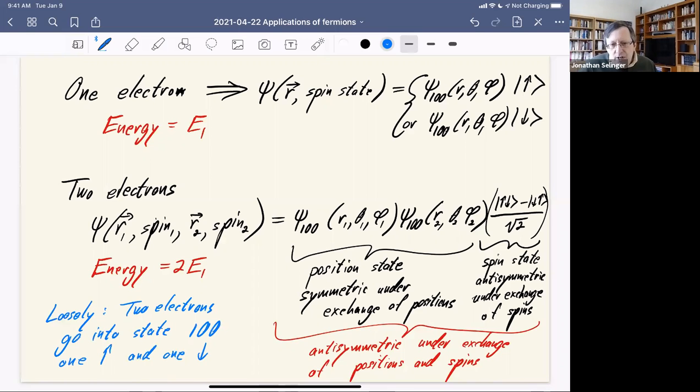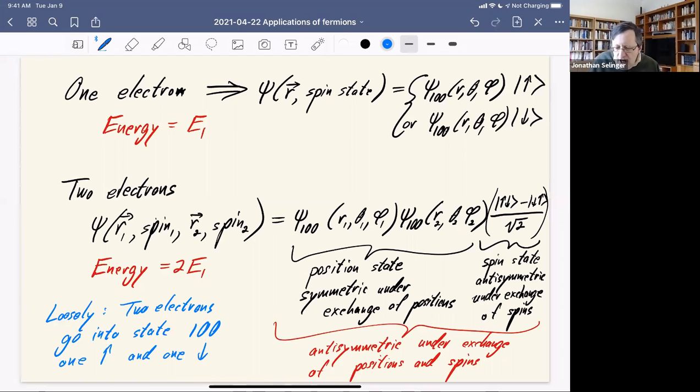Okay, and so you could say there's room in that state 1, 0, 0 for 2 electrons. One of them spin up, one of them spin down. That's allowed by the Pauli exclusion principle. Okay? That's a loose way of speaking, which is probably the way you learned it in introductory chemistry classes. Okay, and it's true. It does match what we have in this wave function.